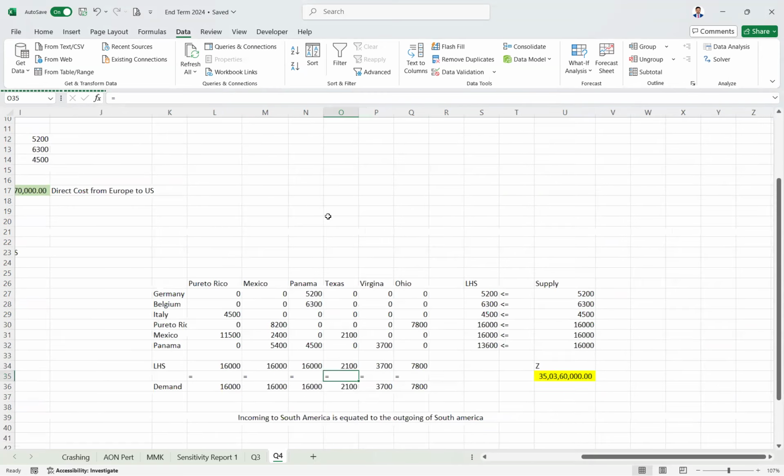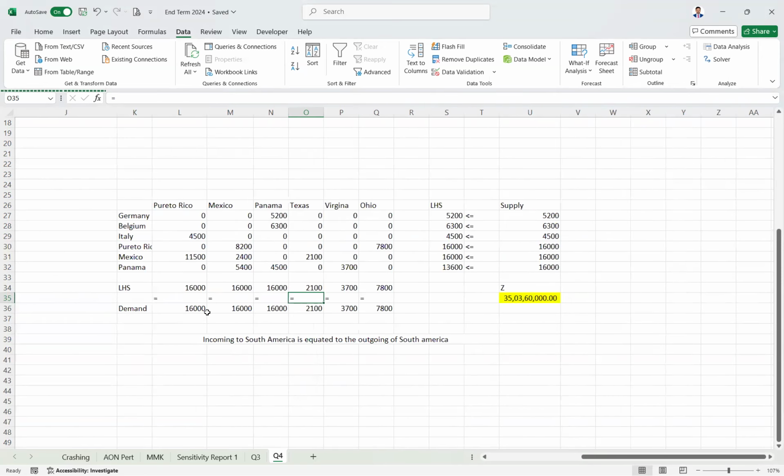What is the demand? 13,600. This is also not correct, because things are off with this. Germany 252, Belgium 63, Italy 45. See this thing: the entire supply is used, but the entire supply should not be used, because that is not necessary for the demand.